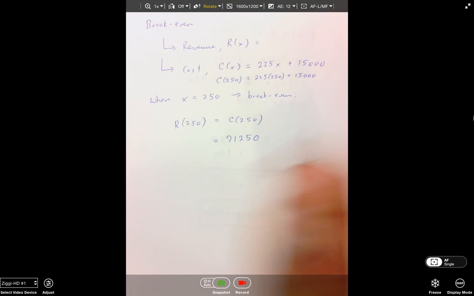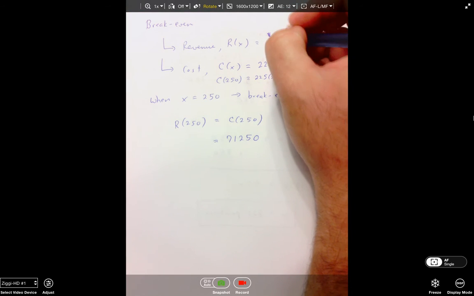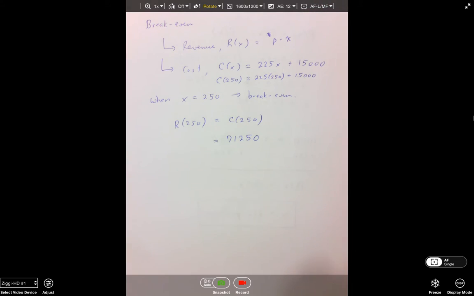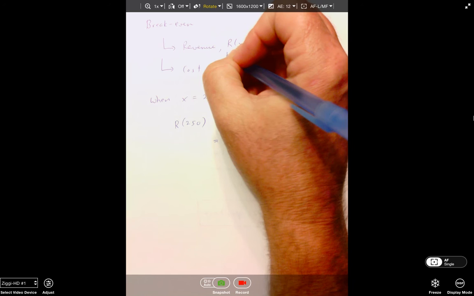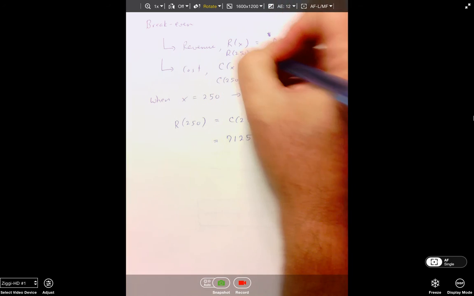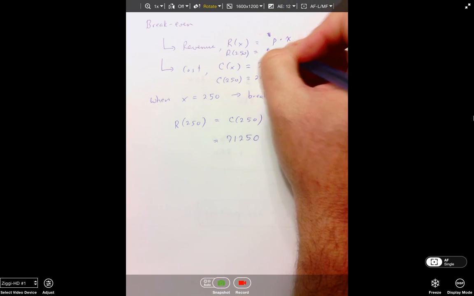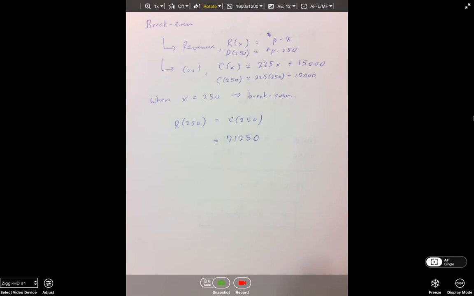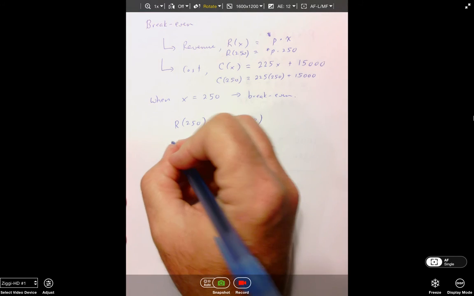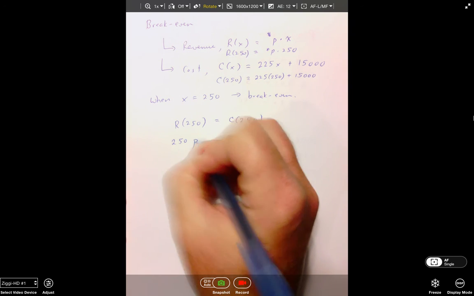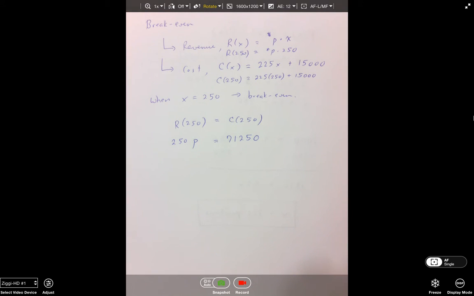My revenue function, as we looked at in a previous video, is the price that I sell something at times the number of units that I sold. Well, I know in this situation that R of 250 has to be some price times 250. So I know that this is 250 times the price that the unit was sold at.